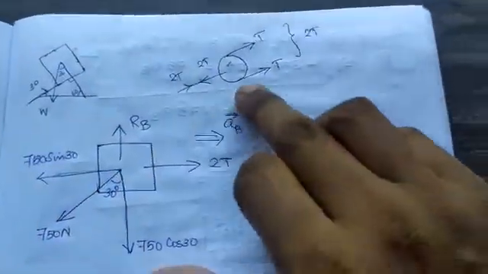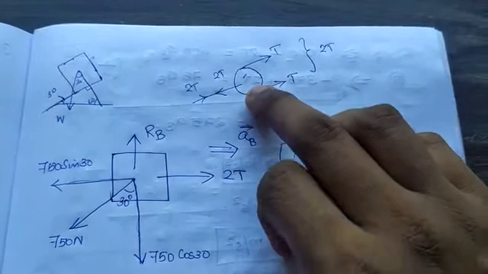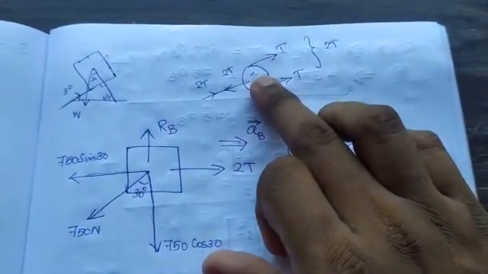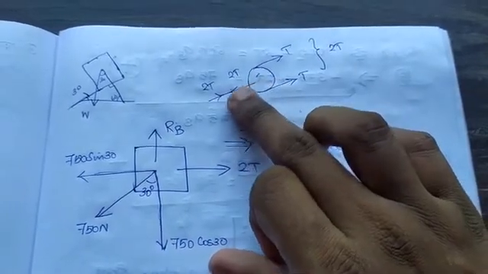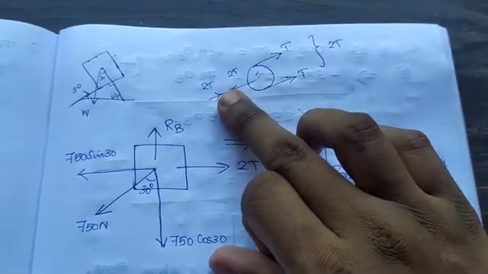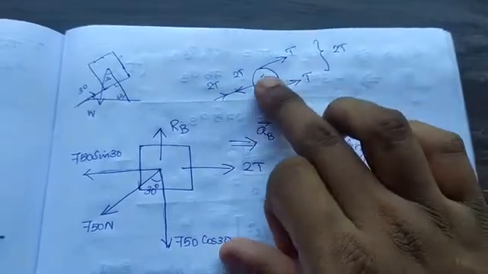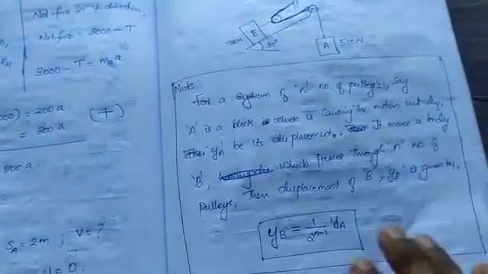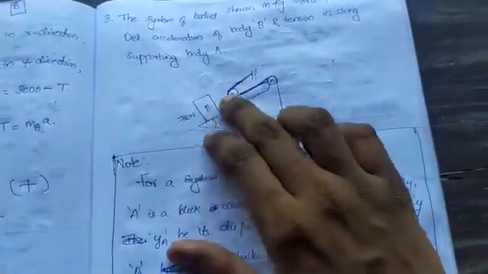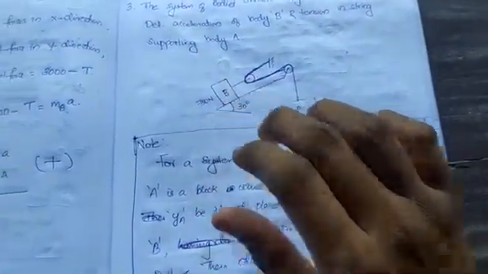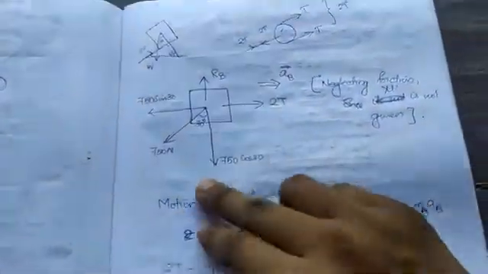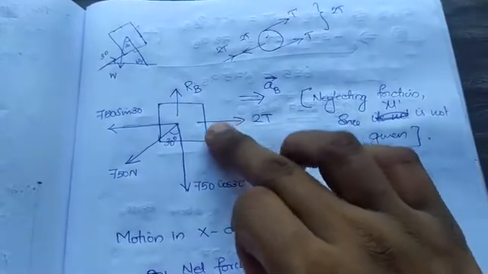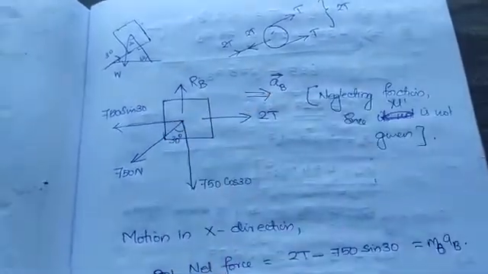In order to keep it in equilibrium, you should have a tension of 2T here. Here you have T and T, add them such that you have 2T. So this tension from B is producing 2T here. I hope you understand the concept. Then you draw this diagram, 2T, rest all same, similar method.